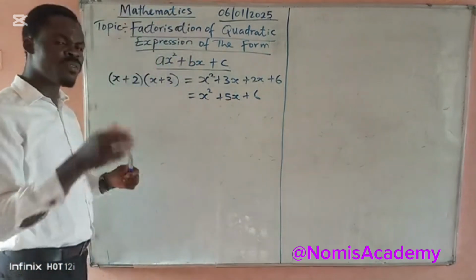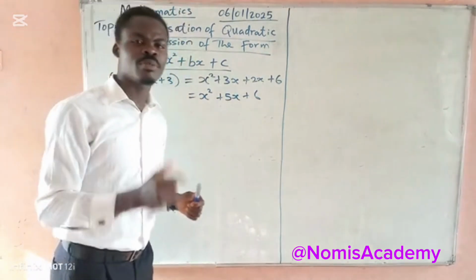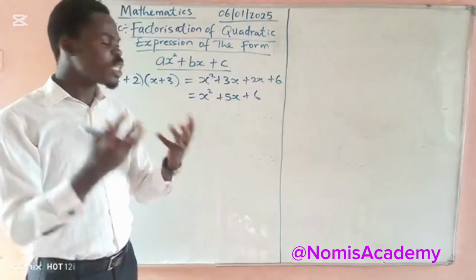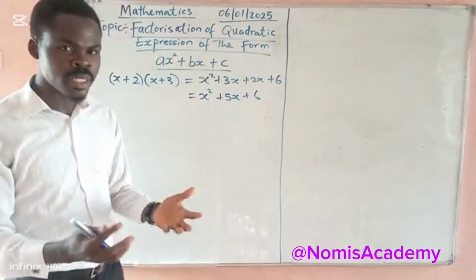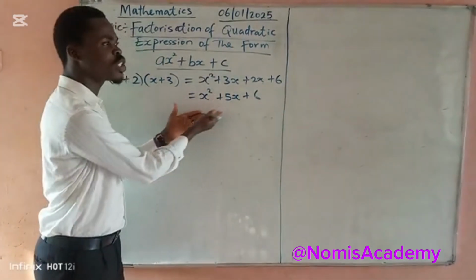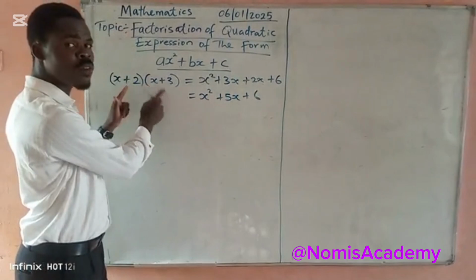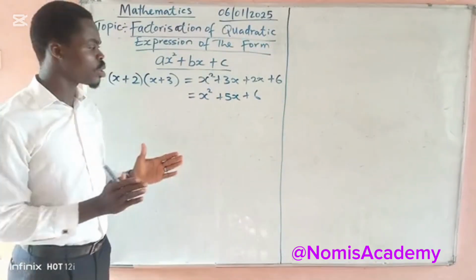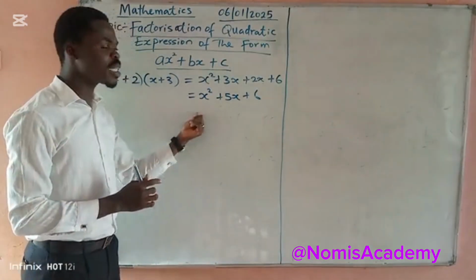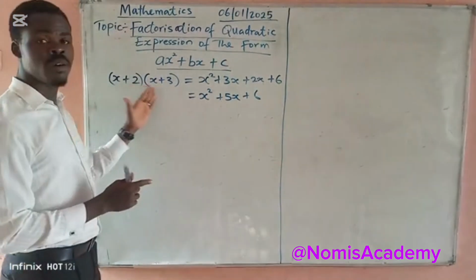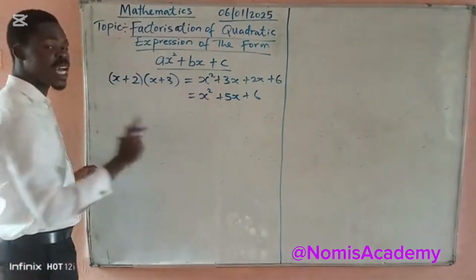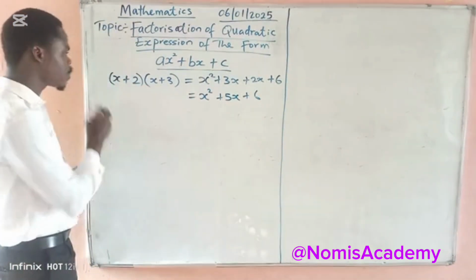Now, what does it mean to factorize a quadratic expression? It means we are only trying to express a quadratic expression as the product of two linear factors. So we are going to be expressing this as the product of these two factors.